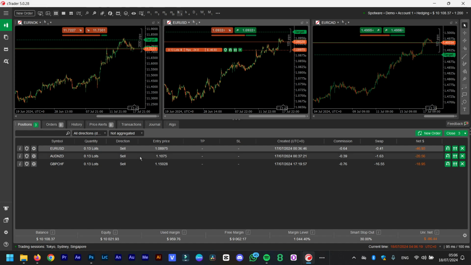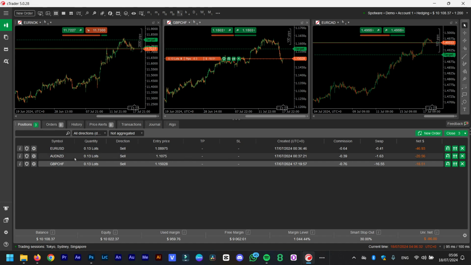So every 0.13 lot size per day, I'm paying 41 cents to maintain the trade open. But GBP-CHF is much more expensive. I'm not sure if it's the same for every broker, or if it changes from broker to broker.